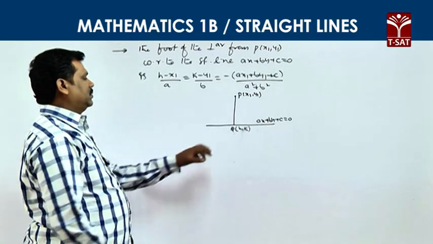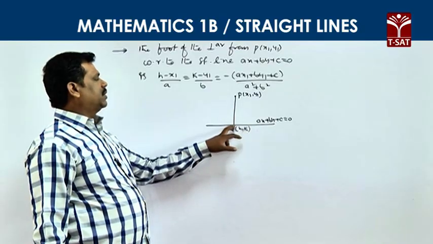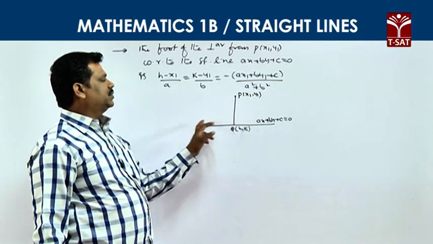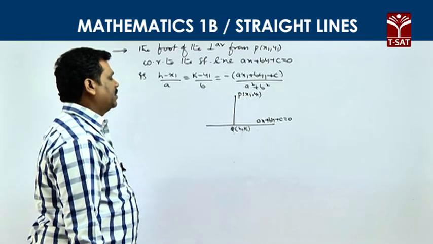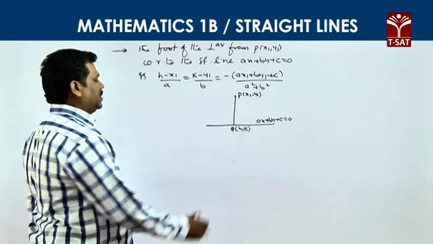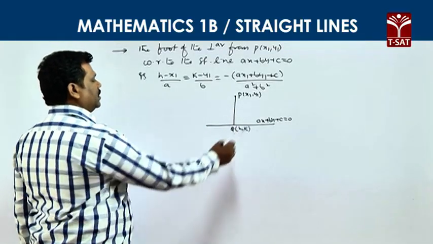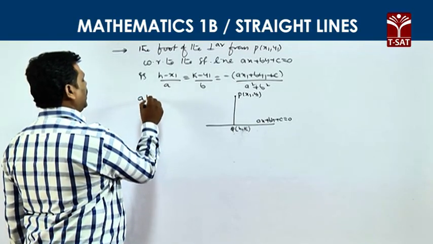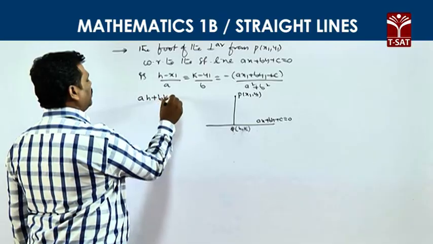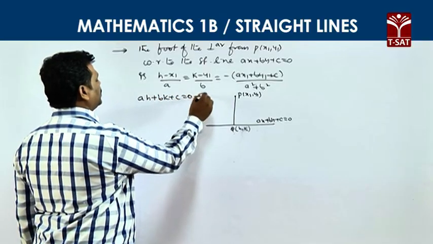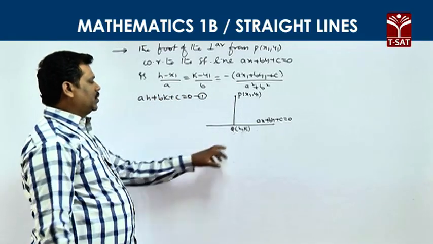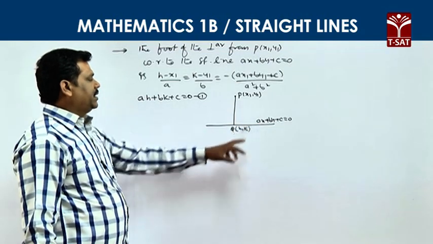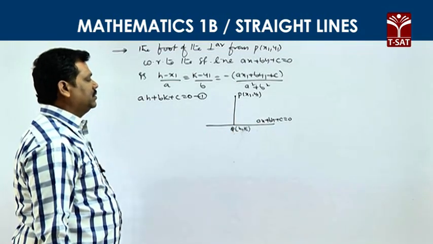Let Q of h comma k be the foot of the perpendicular from P of x1 comma y1 to the straight line ax plus by plus c equal to 0. So the point Q lies on the line ax plus by plus c equal to 0. We get ah plus bk plus c is equal to 0. This is equation number 1.